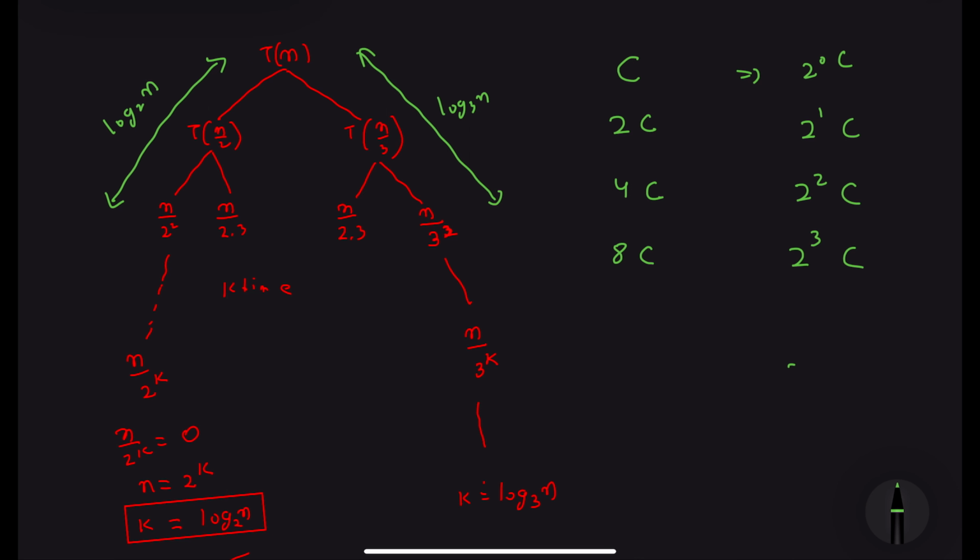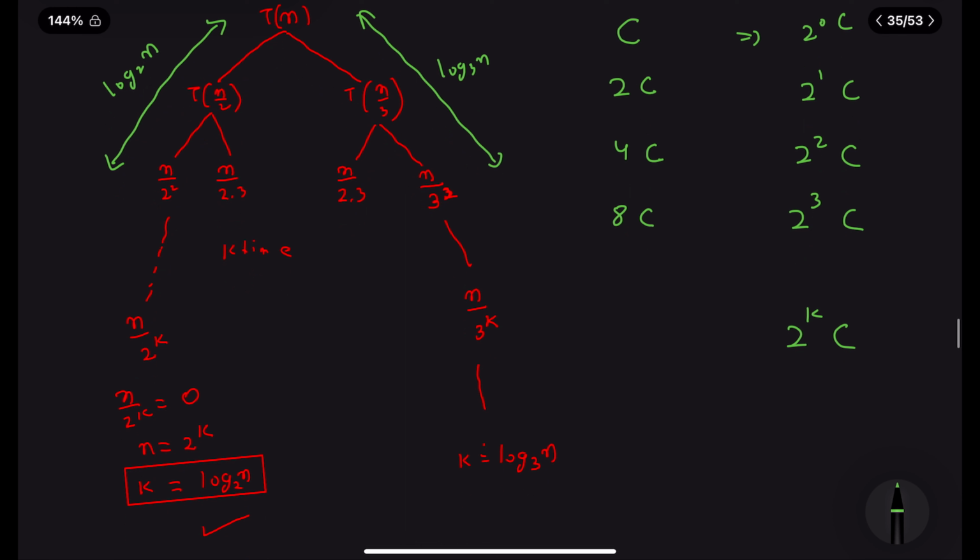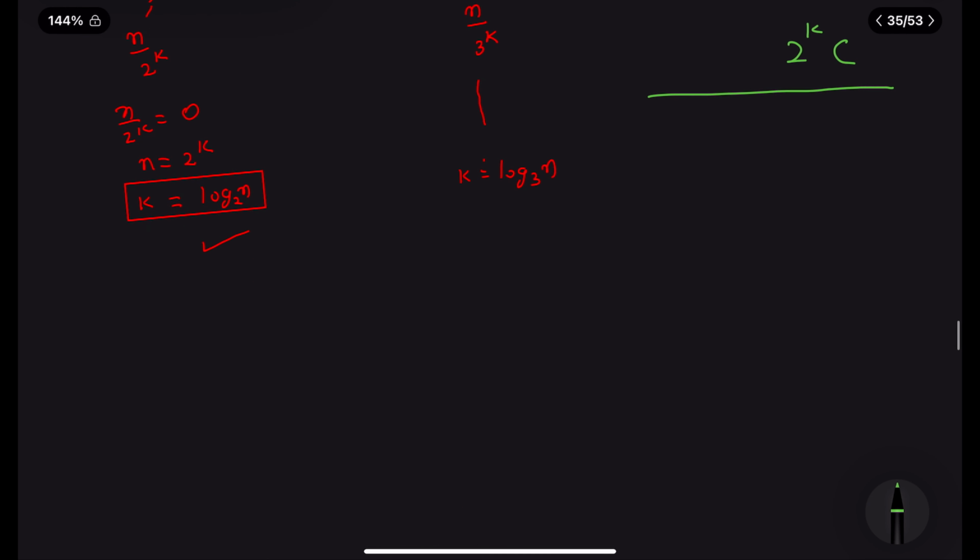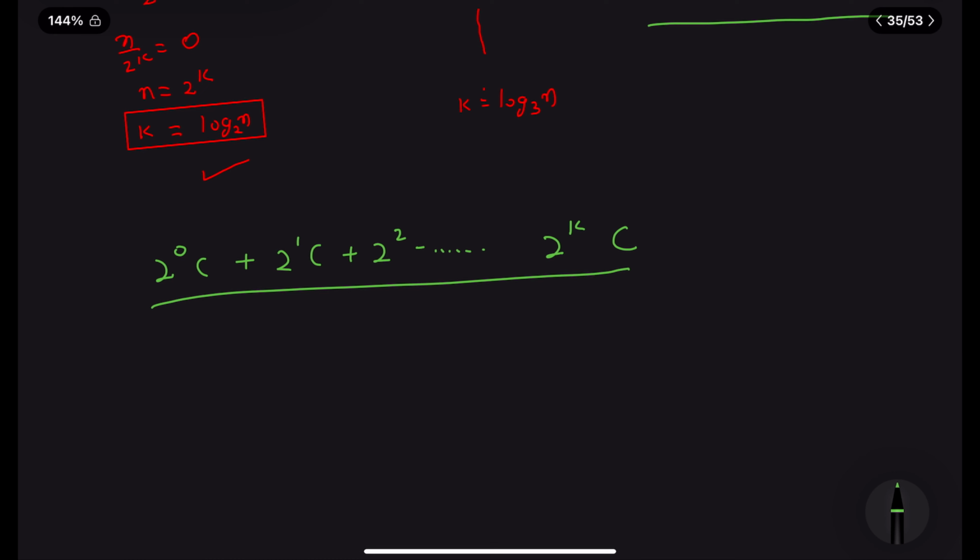So at the kth level there will be 2 raised to the power k C function calls, and if we sum up all these values, we have 2 raised to the power 0 C plus 2 raised to the power 1 C plus 2 raised to the power 2 C, and this will go up to 2 raised to the power k C. As you know, this is an increasing GP series, and in an increasing GP series, the last term is the major portion of the series.